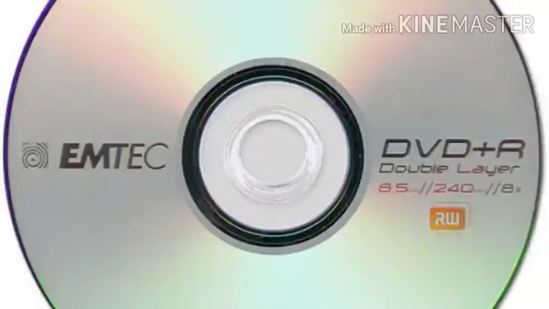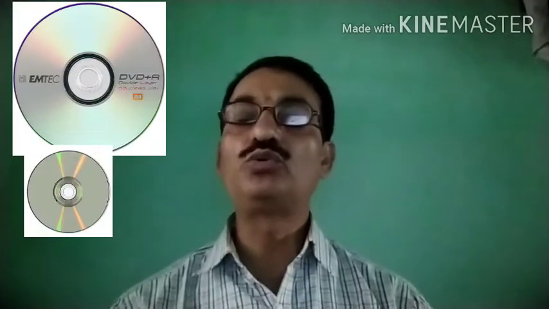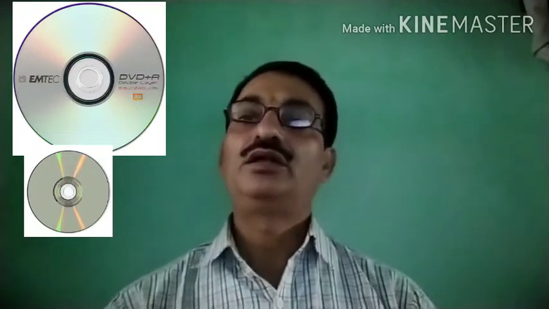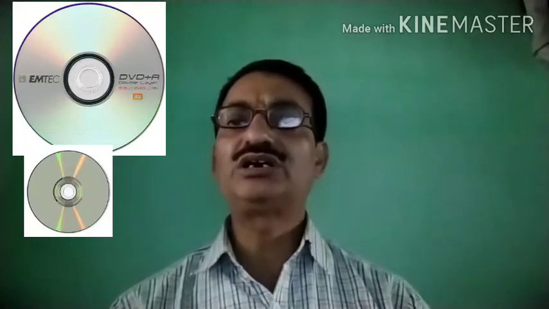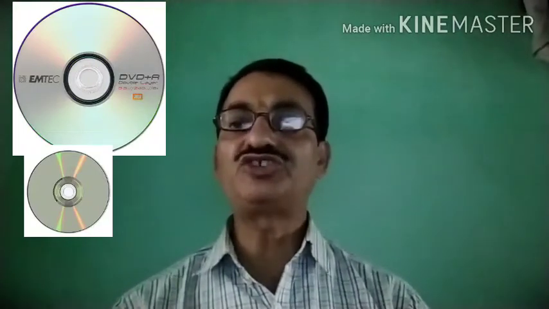This is the CD, this is the compact disk. Second one is the DVD. DVD is also a portable permanent storage media, looks like a circular plate in which one or two sides are polished. One-sided DVD has a 7.4 GB storage capacity, and the double-sided DVD has about 17 GB storage capacity, and it is likely to store the high definition video and audio also.